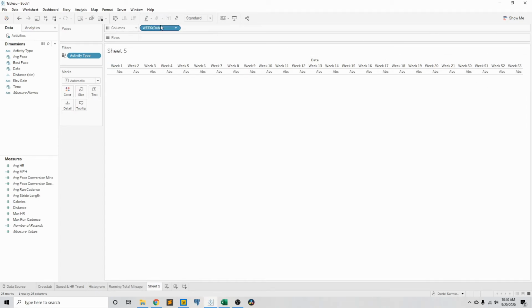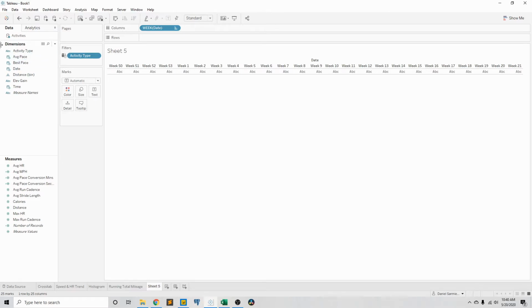But when you're looking at discrete dates, it's going to put data into these bins, and it doesn't look at the year. It's only looking at the weeks in December as weeks 50 through 53. So I can manually sort these so everything will be in order.